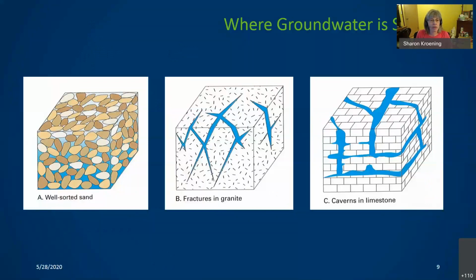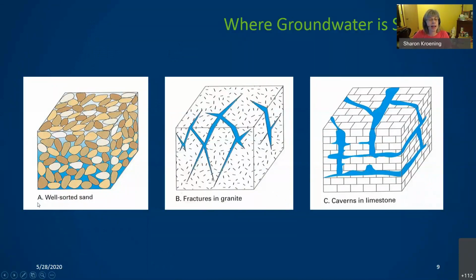Most of our groundwater in the state is stored in sand and gravel deposits or fractures in bedrock that underlies those sand and gravels. This graphic gives a boring image of where our groundwater really is.